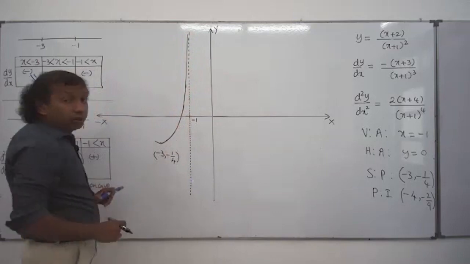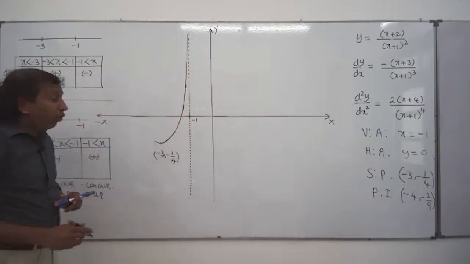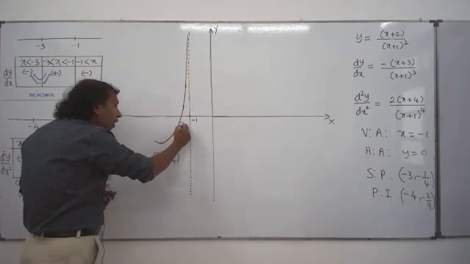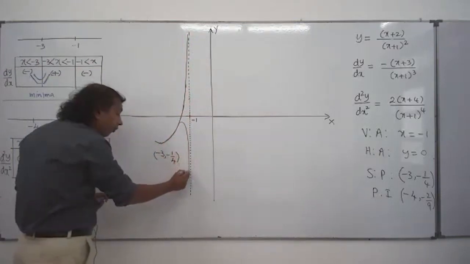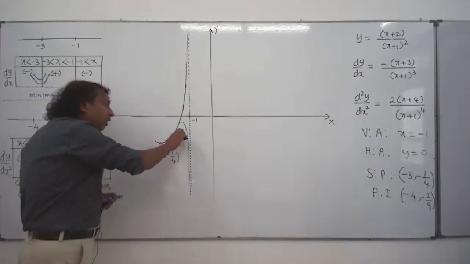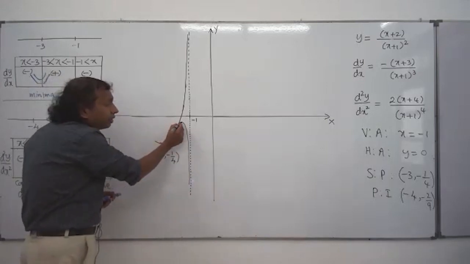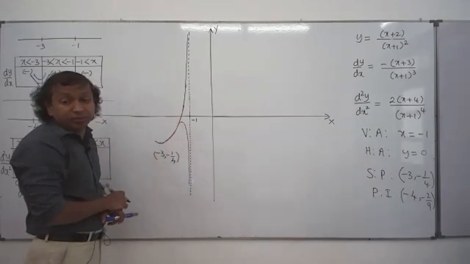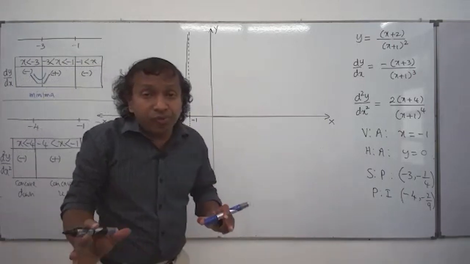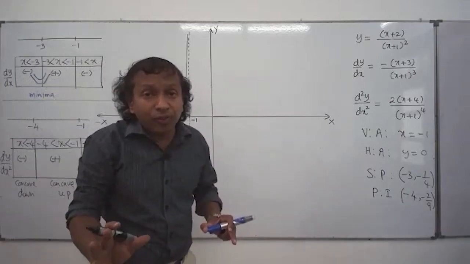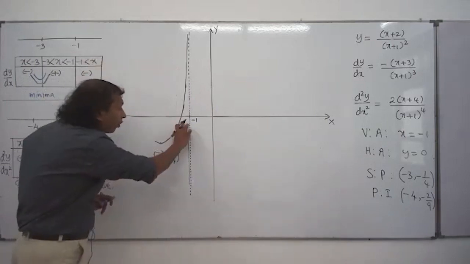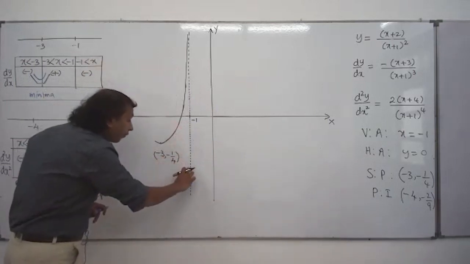Sometimes you might ask, by turning like this, can't it go to negative infinity this way? No, people. If it goes like this and turns like this, there will be another stationary point created as a maximum. But nowhere in the calculations could we find such a maximum. So therefore, it can't go to negative infinity. So this branch is wrong if you think like that.